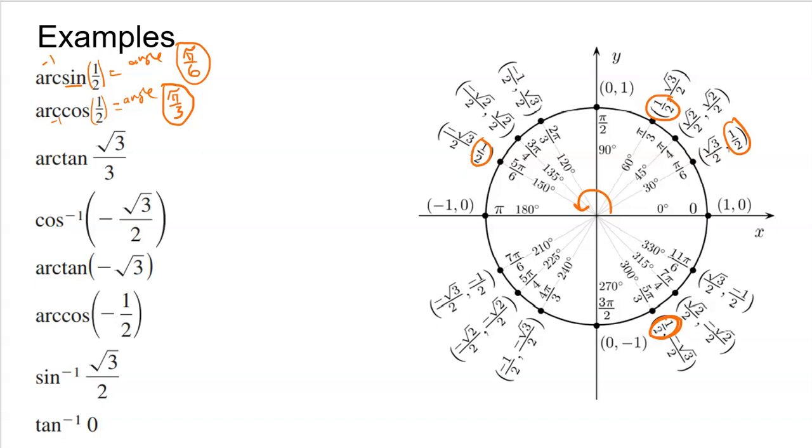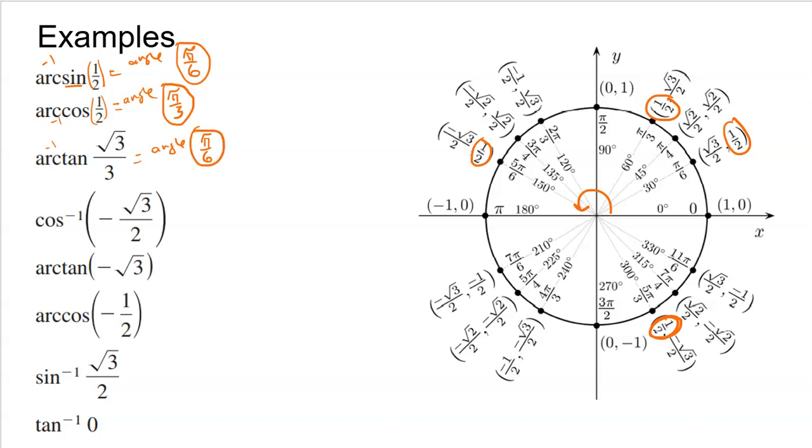All right, what about inverse tangent? Again, arc tangent is just a weird way of saying inverse tangent. Where do we see an angle that has a tangent of radical 3 over 3? Remember, tangent is y over x. I'm looking for where the y divided by the x is radical 3 over 3. That's going to happen at pi over 6. Now, you're like, how did you know that so quick? Well, I've been teaching this for 18 years.